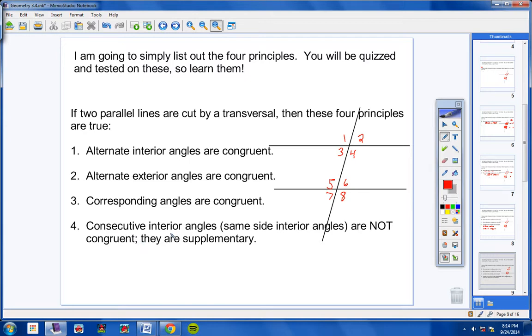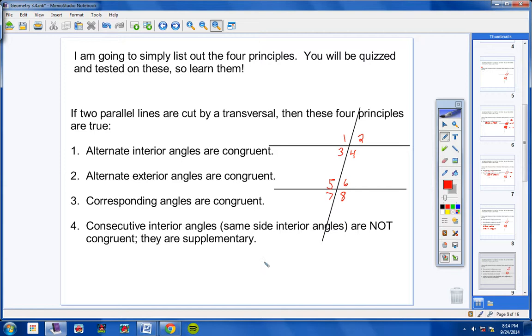Consecutive interior angles, or we call them same side interior angles, they're not congruent. Okay, they are not. They are supplementary. So when two parallel lines are cut by a transversal, the consecutive interior angles, or we also call those the same side interior angles, they are not necessarily congruent.